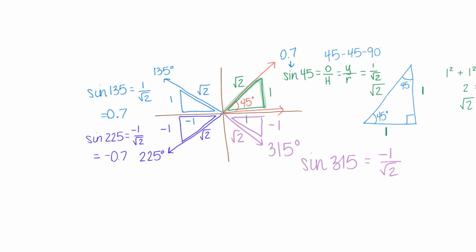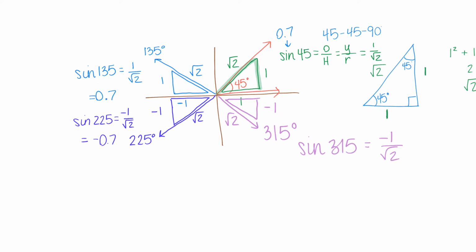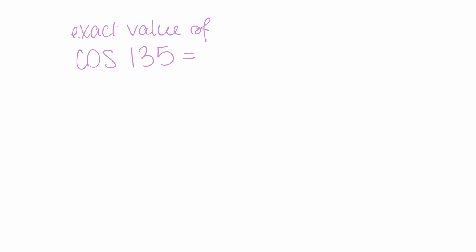So let's do a couple of practice problems of what we can do based on this information. What if I ask you to find the exact value of cosine of 135? So first of all, you're going to say, what quadrant is this in?